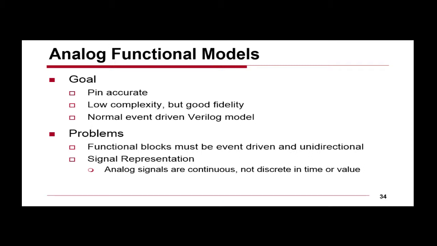So it means it has to be pin accurate. It has to be low complexity, because if it slows down the digital simulator, those guys have to simulate billions of vectors or whatever, they'll not use it. So it has to be fast. And it has to, therefore, be compatible with the event-driven simulation that the digital guys do, because they're the people who are running the whole system.